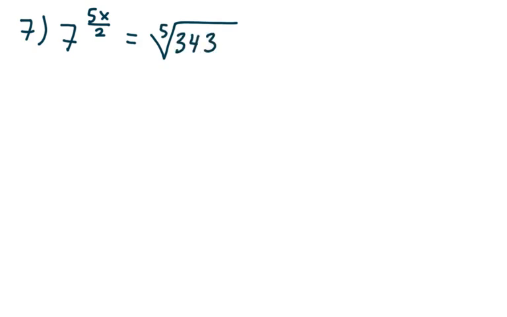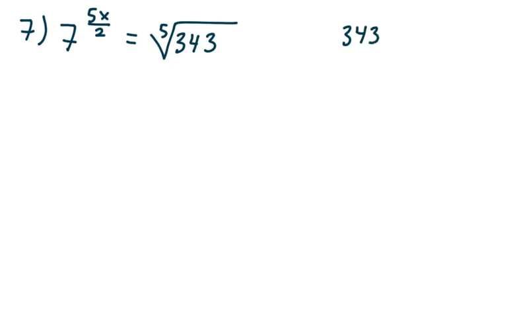Now, I'm going to suspect that 343 is divisible by 7, because what did I say in the beginning? We're going to need to be able to rewrite both sides so that they have the same base. If you cannot rewrite both sides so that they have the same base, we have to introduce a different way to attack this problem. And that could be done in another video if needed.